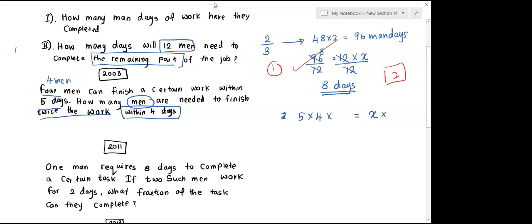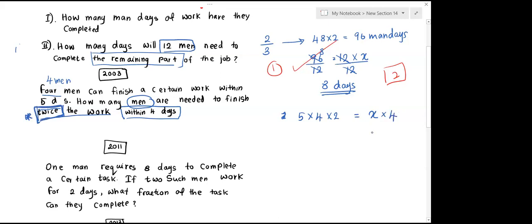Then in the exam, the word twice. Okay? Exam එකේදී අනිවාර්යයෙන්ම මෙන්න මේ word එක ඔයාලා දැකලා තියෙන්න ඕන. හරිද? Twice the work කියන එක. Otherwise you do not multiply 20 by 2. This is the most important word. Twice the work within 4 days. Then multiply by 4.